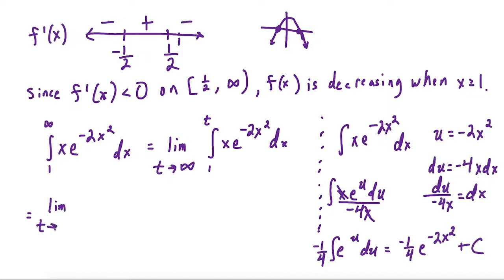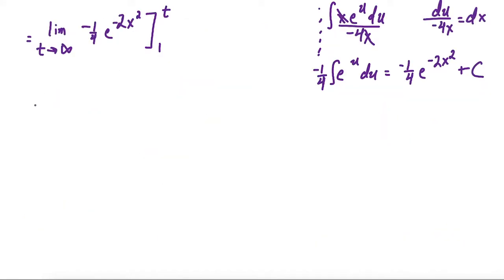So this is the limit as t goes to infinity. And the integral is negative 1/4 e to the negative 2x squared. Let's make that a little neater. And the limits are going from 1 to t. Okay, so moving on with this.